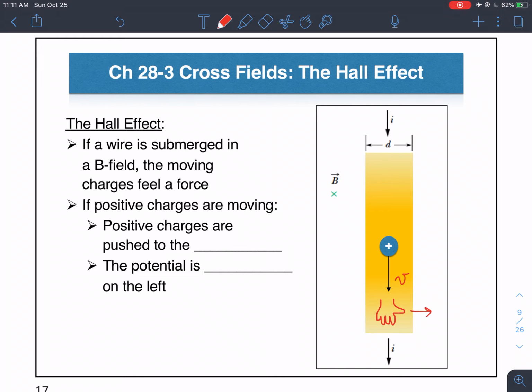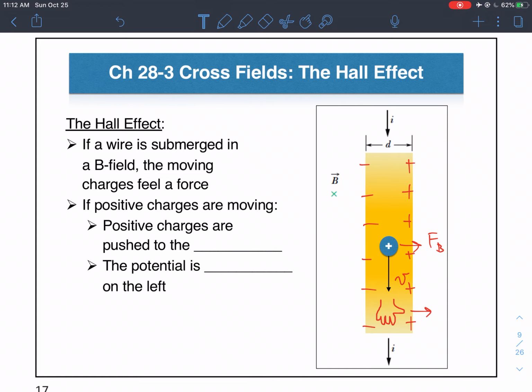And since this is a positive charge, this is going to be the magnetic force, because V cross B direction is exactly the same as force direction for a positive charge, right? So this means the magnetic force will push the positive charges on the right side, which is different than the previous case, okay? And that means we will have negatives on the left side.